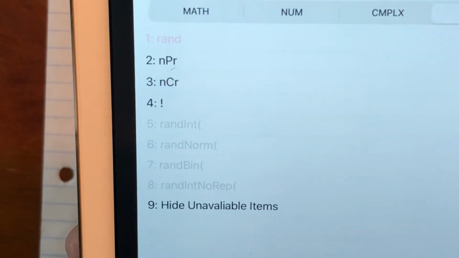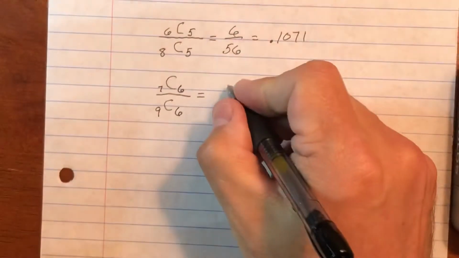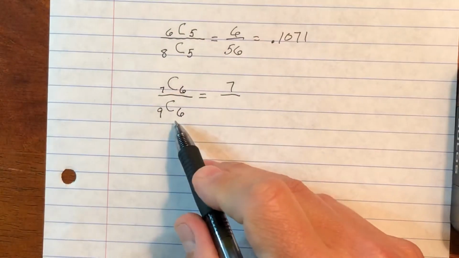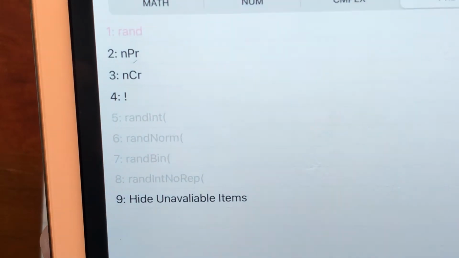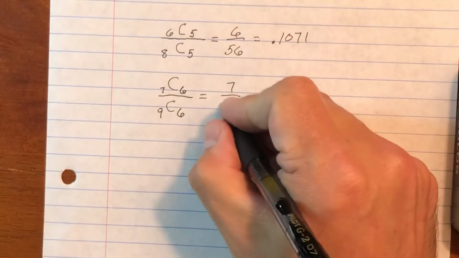So let's give this a try again. 7 choose 6 is 7. And then we have 9 choose 6 at the bottom. 9 choose 6 is 84.